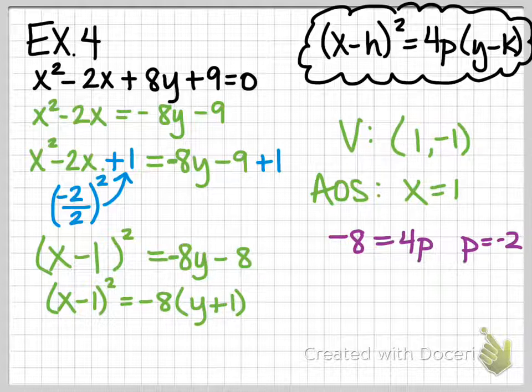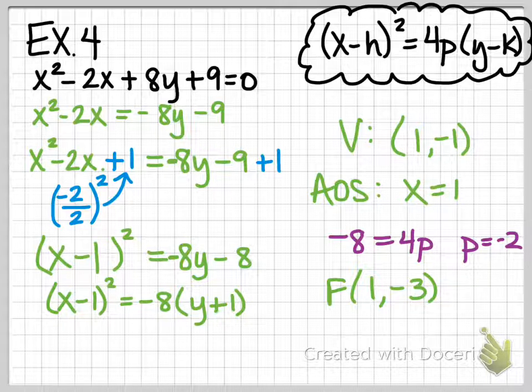Okay, it's x squared, so it opens up or down, and then negative p is telling me that the focus is going to go down 2 spaces from the vertex. So if I'm at (1, negative 1), and I move down 2 more spaces, that means the focus is going to be at (1, negative 3).